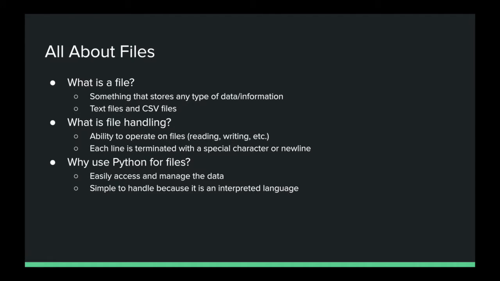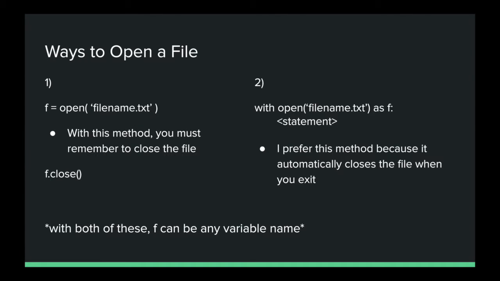It's also simple to handle because, like we talked about in the first video, Python is an interpreted language, so it goes one line at a time. And when the file is split up, with each line split by a new line character, it's easy to parse through. There are two main ways to open a file in Python.